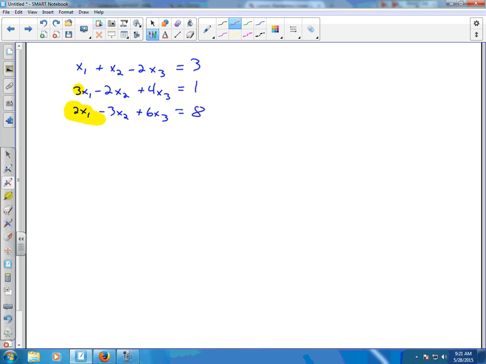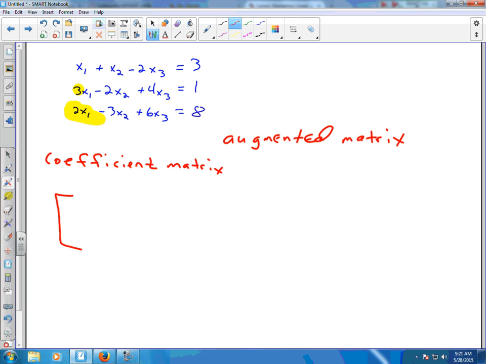Now, we're going to form what's called an augmented matrix. An augmented matrix includes the coefficients on the left and your number on the right. Let's illustrate the difference between a coefficient matrix and an augmented matrix. A coefficient matrix would be a matrix that is made up of just the coefficients on the left side.